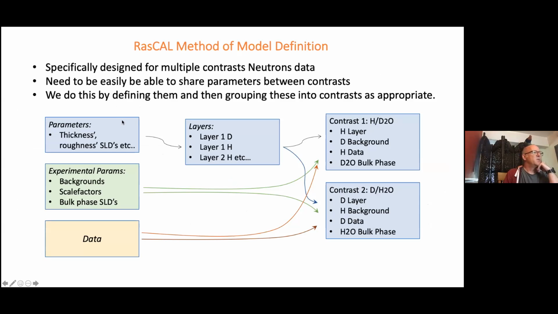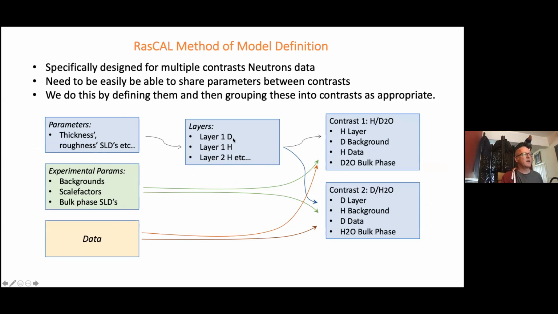So the way RasCal basically does things, and this will become obvious when we go to the next part, is you split everything up. You have parameters, so you can define your thicknesses, roughnesses, and so on. And separately, you define your experimental parameters and your data. Then with your parameters, you can group these into layers. So, for example, if you had a deuterated and a hydrogenated layer, these would share the same thicknesses and roughnesses, but differ in SLD.